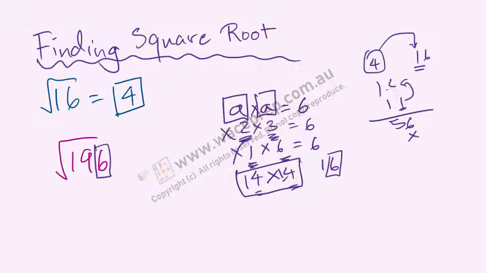Now we used 4, so nothing can be used right there. So what we have left is this 1. Now 1 times 4 is 4.